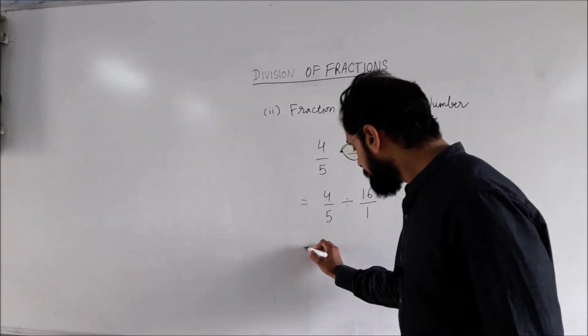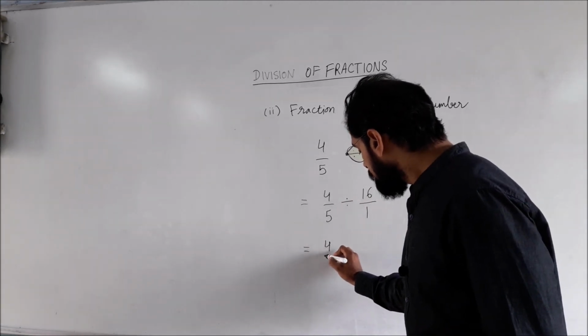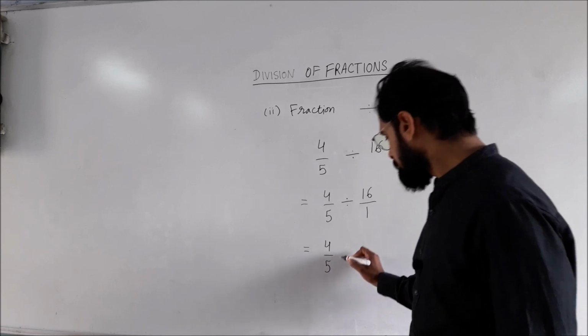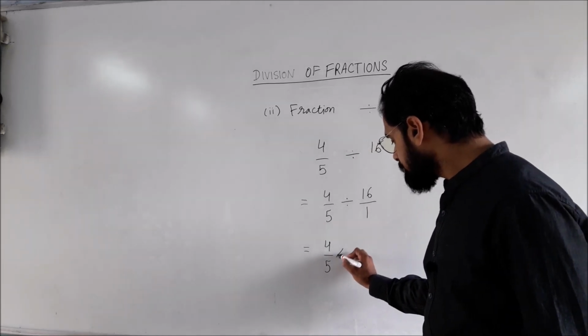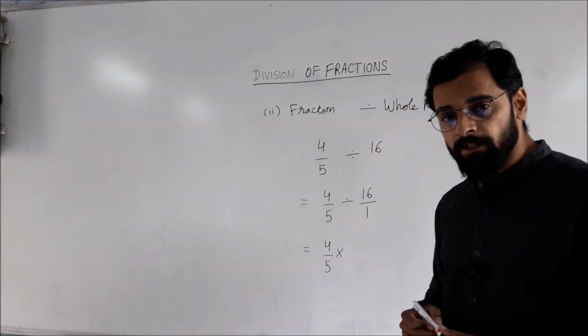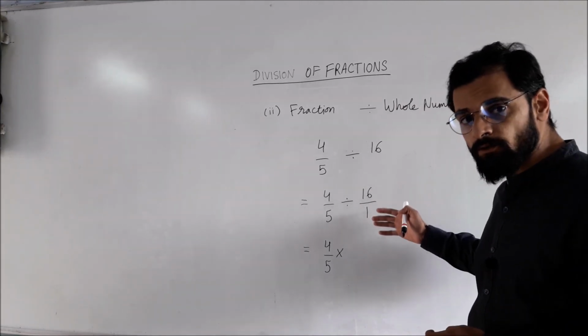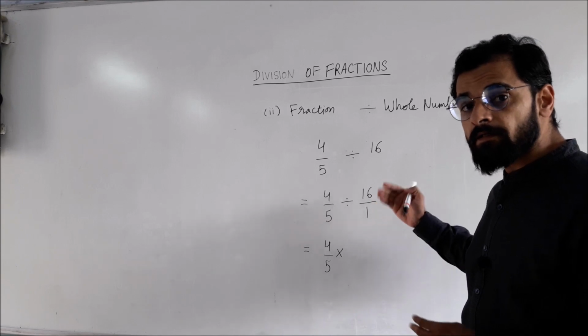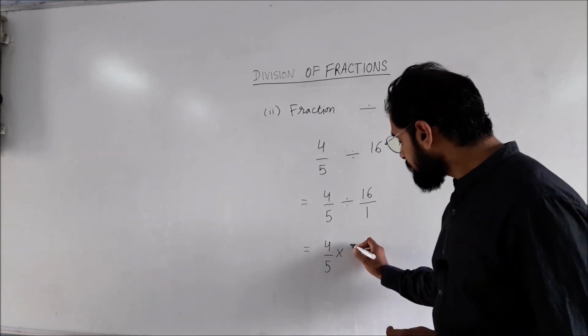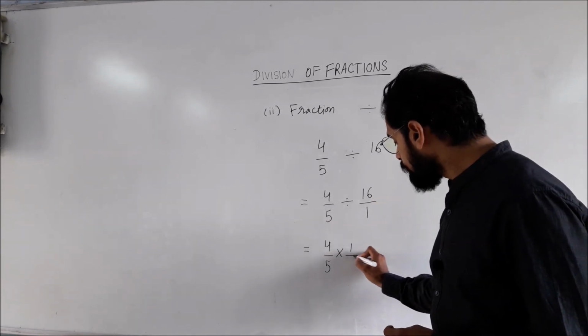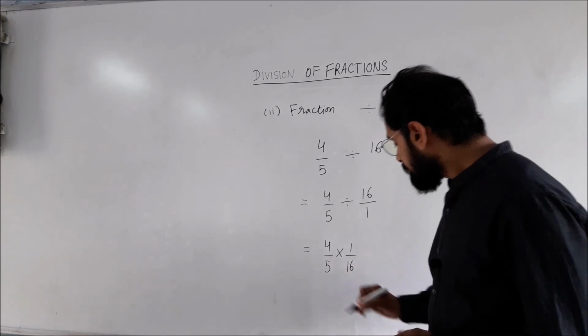In the next step, what are we going to do? The dividend will be written as it is. The sign of division changes into the sign of multiplication, and for this fraction 16 over 1, we will write its reciprocal now. Reciprocal of 16 is 1 over 16.